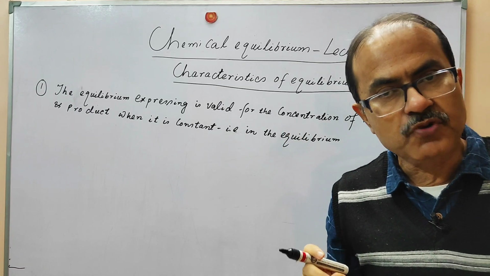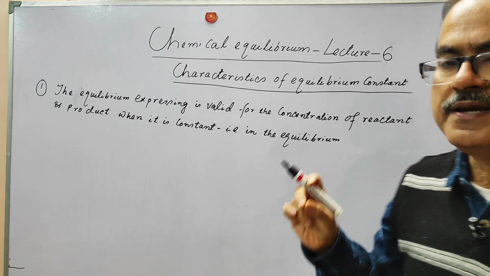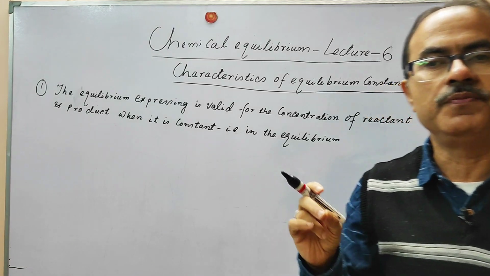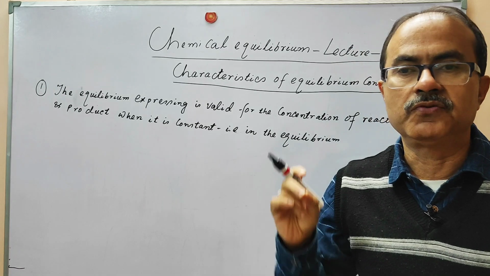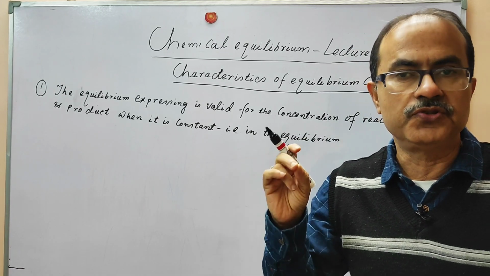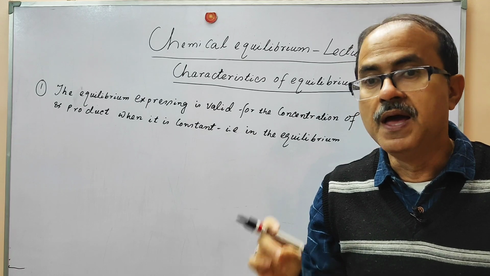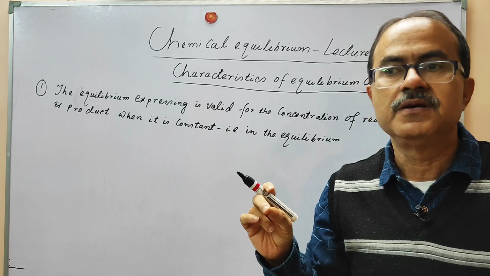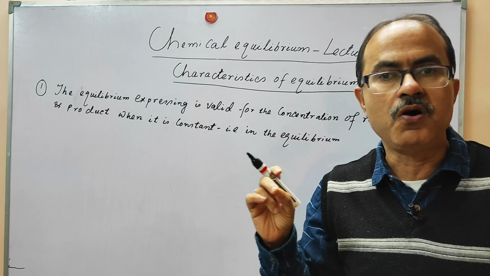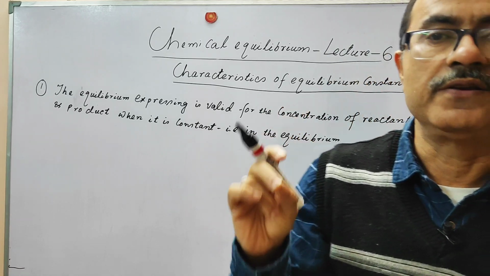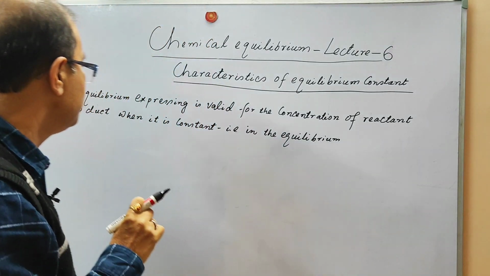When it is constant, the concentration of your reactant and the product will be in equilibrium. So at that time, the concentration we have to consider is when the reaction is in equilibrium. At that time, this concentration term will give us the expression, the actual constant of this equilibrium constant.